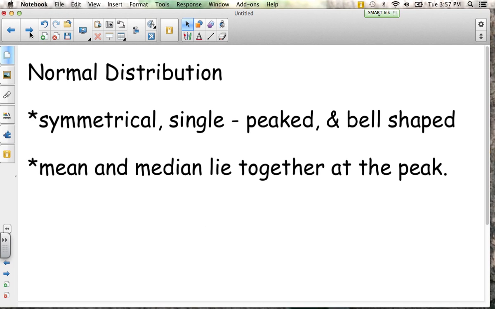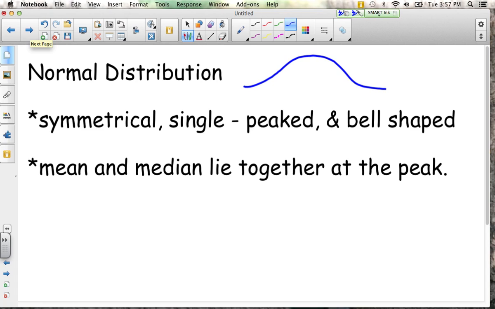Well, you've heard me talk about normal, so let's go ahead and explore what normal is. Normal distribution is usually symmetrical, single-peaked, and bell-shaped. Single peak means it's going to look something like this.